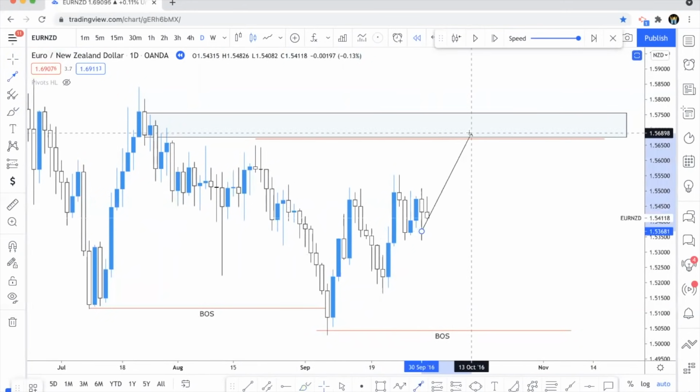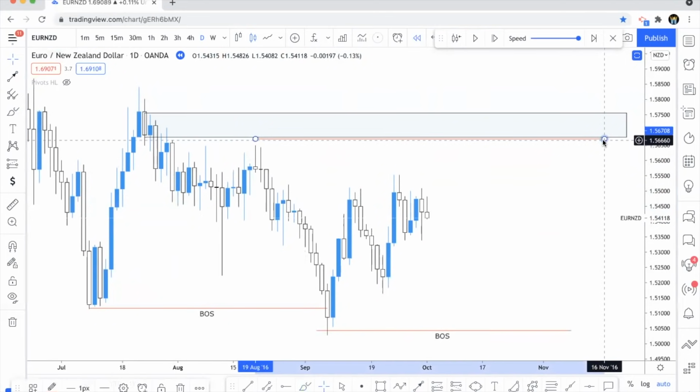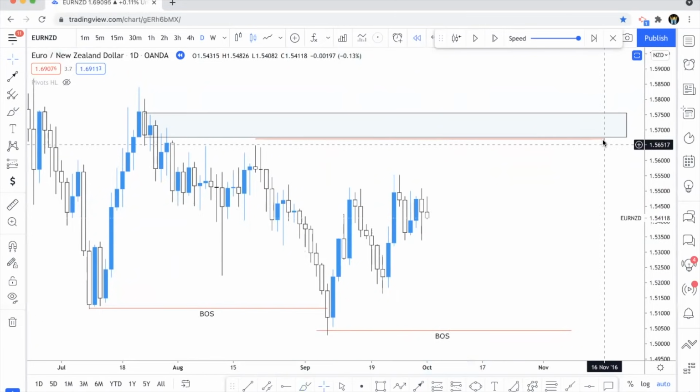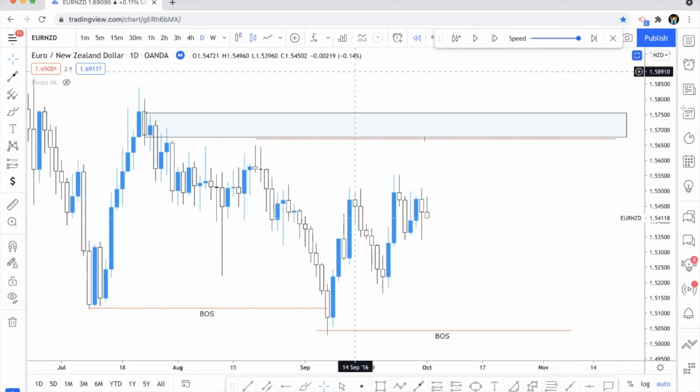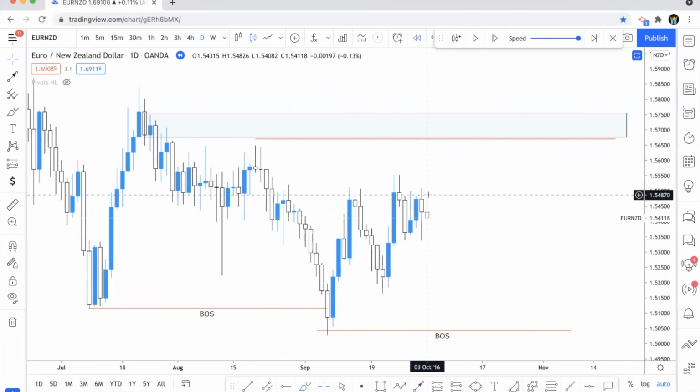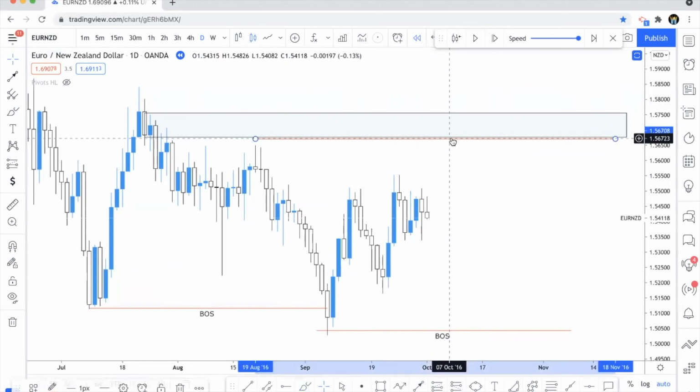Once it hits my notification, I'm going to scale down to the lower time frame and start looking for the sells. Obviously, you don't have to stare at this chart the whole time. You can just leave it, go about your day, and wait until that notification hits.